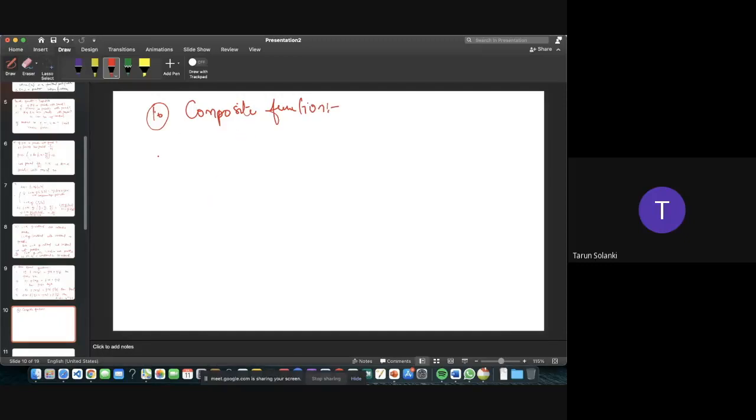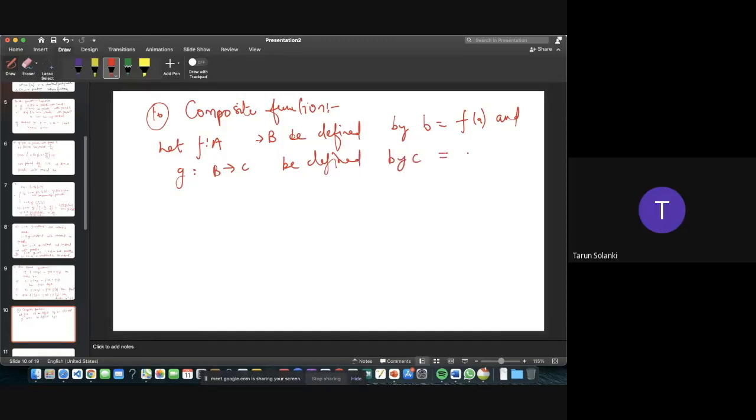Okay, so let f from A to B be defined by b equal to f(a), and g from B to C be defined by c equal to g(b).